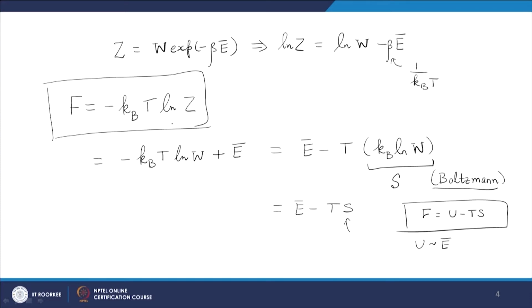So, now we know what W is and we know what E bar is. So, let us first look at ln of W. W is (Np plus Ns) factorial by Np factorial Ns factorial.